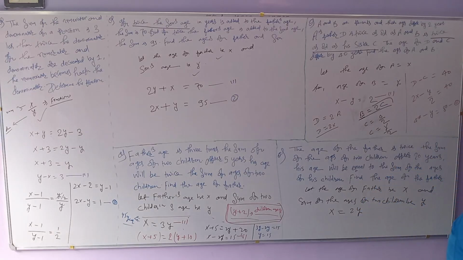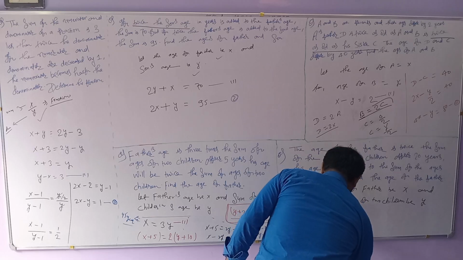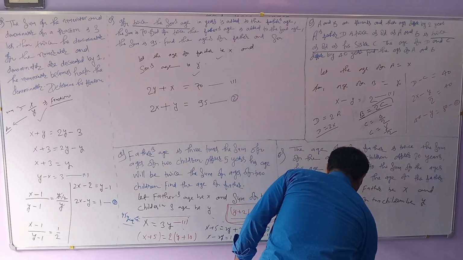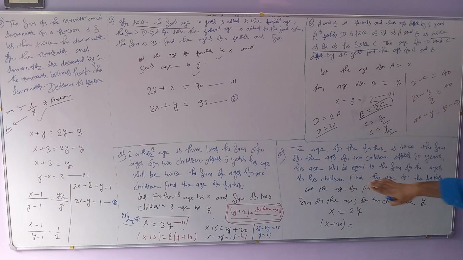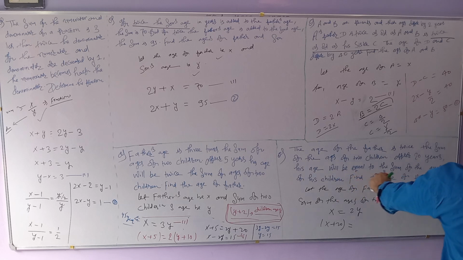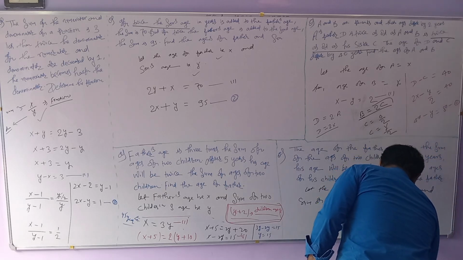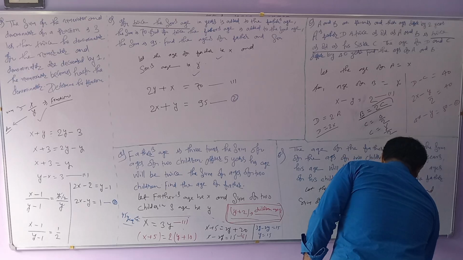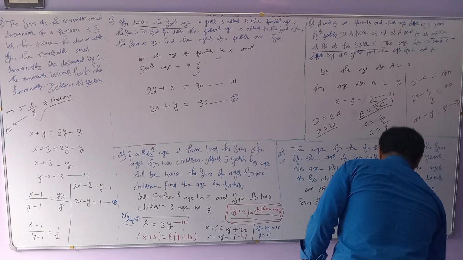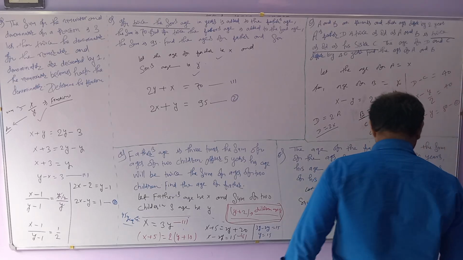In another condition, after 20 years, the age of father, x plus 20, will be equal to the sum of the ages of his children, y plus 20 plus 20.